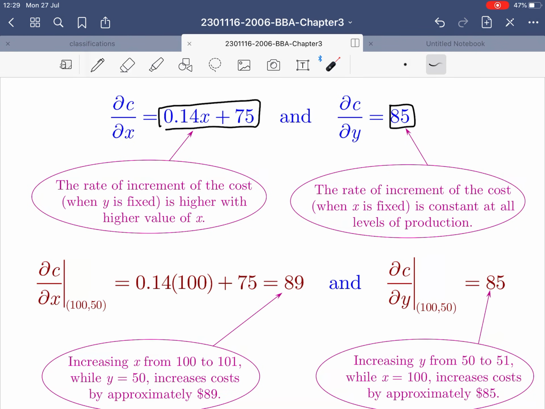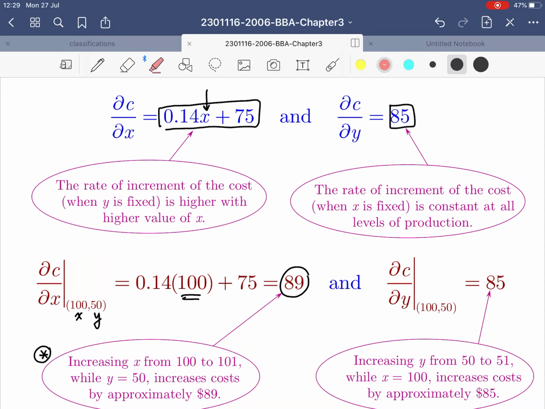So if you plug in fixed numbers for x and y, for example x is 100 and y is 50, but right now you have y alone, you obtain the result of 85. This is pretty important, how you interpret it.